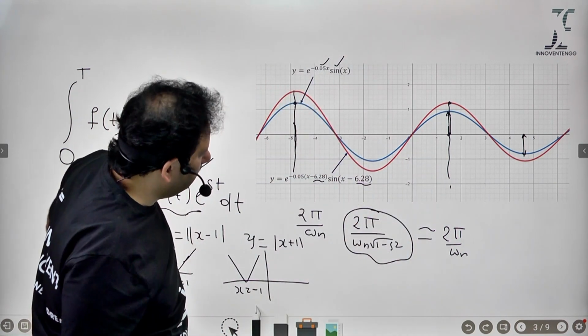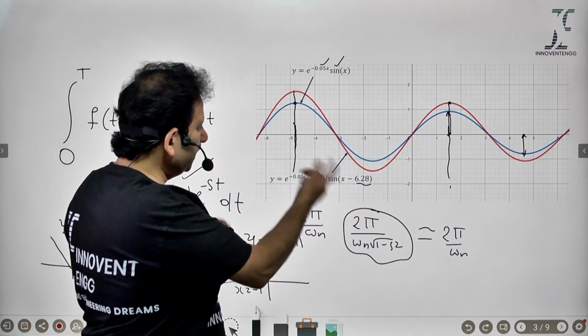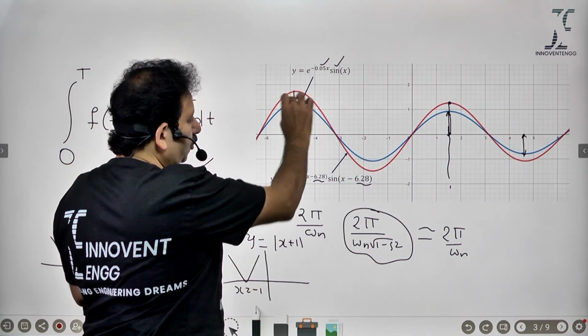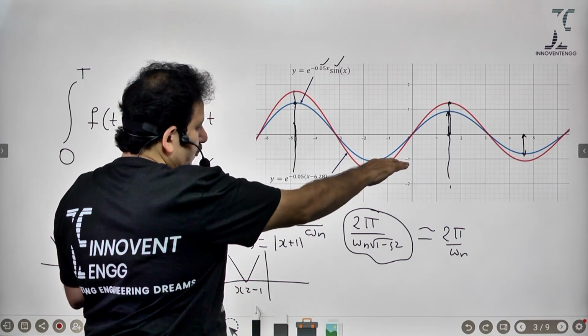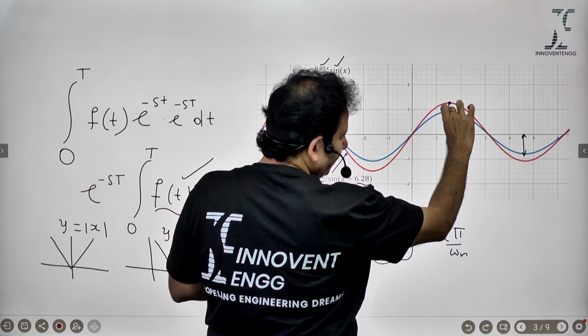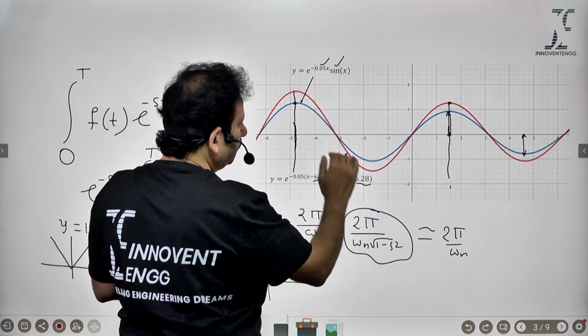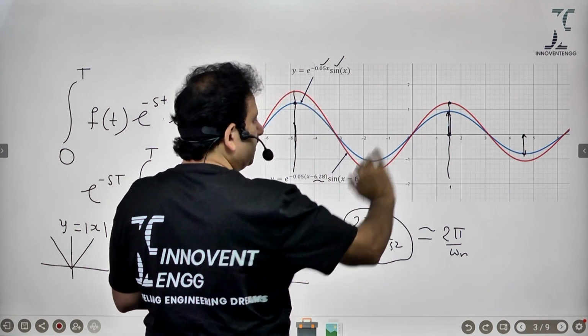That means this damped wave is simply pushed forward. It is losing amplitude. It had so much amplitude 2 pi radians before, but the amplitude here after 2 pi radians has actually decreased. But the red wave is going to have the same amplitude after 2 pi radians.